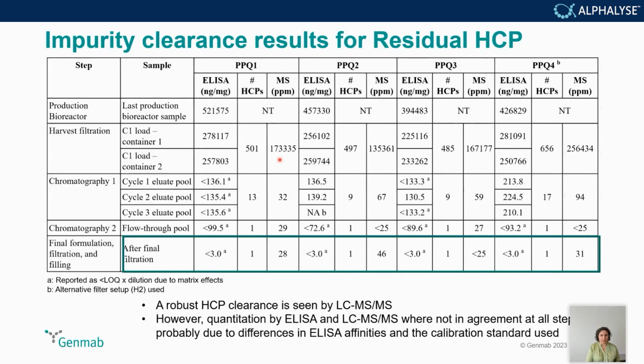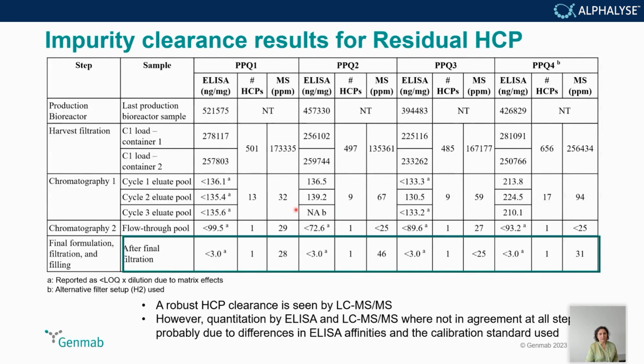Also, even if it's a little bit lower, we have relatively consistent levels of HCPs measured by LCMS. We can also see that in PPQ4 we had a higher number, both in ELISA ppm and LCMS ppm, and number of HCPs, as expected.